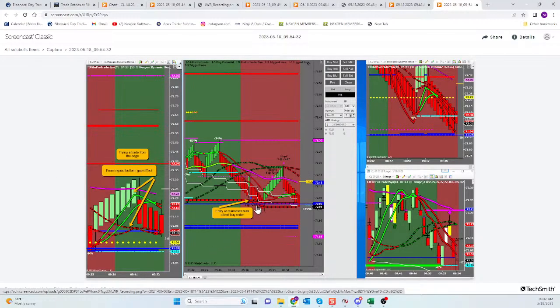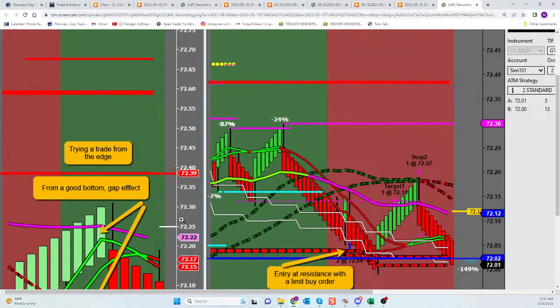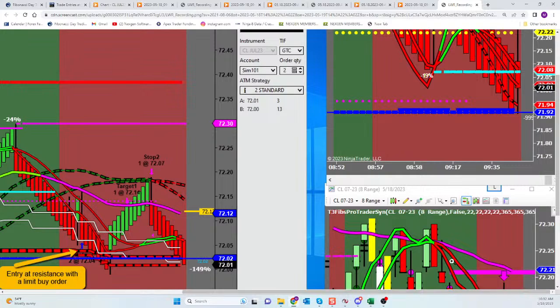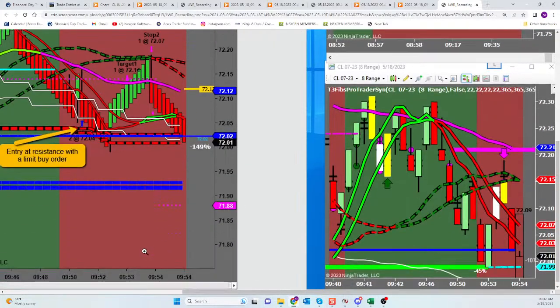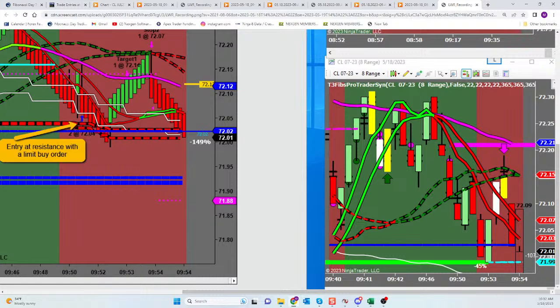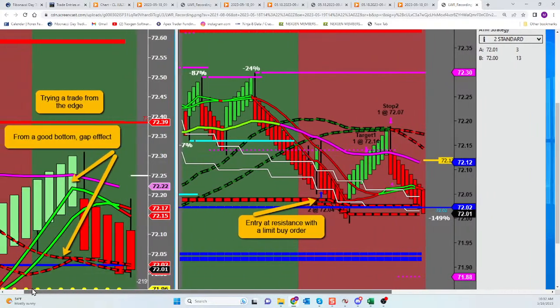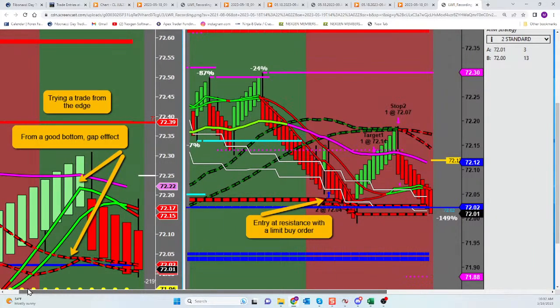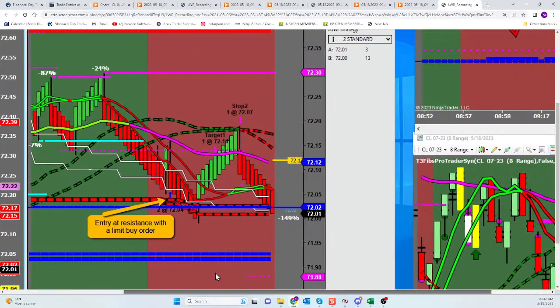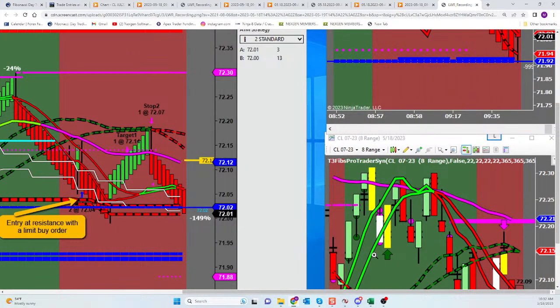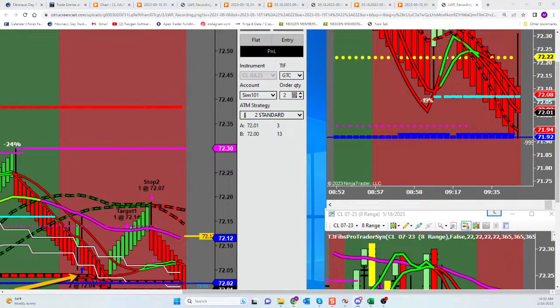Jose, entry at resistance with a limit order. Trying to trade from the edge, from a good bottom, back gap effect. So Jose, do you have rules for an edge trade? And I ask because typically, historically, an edge trade, so let me give you a little help on this.